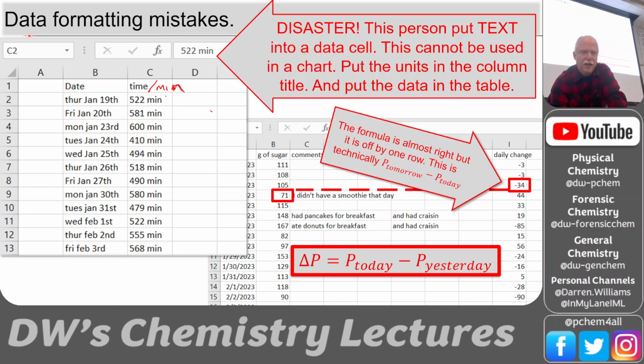Well, this is the time, and if I were to divide the time by minutes, the minutes cancel, and that cell would just contain 522. So it is actually the heading. You should be able to put that cell equal to the heading, and you're saying, okay, this is time divided by minutes. The number in minutes is divided by minutes, so the units cancel, and you just have the number in that cell. So that's why we put that slash there in our headings.